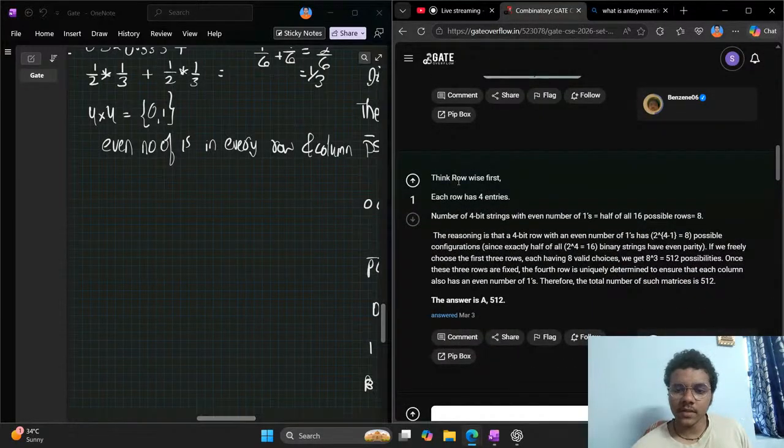Think row wise first. Each row has four entries.